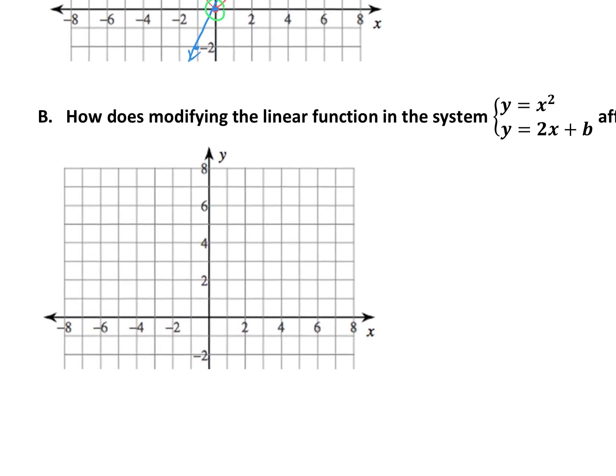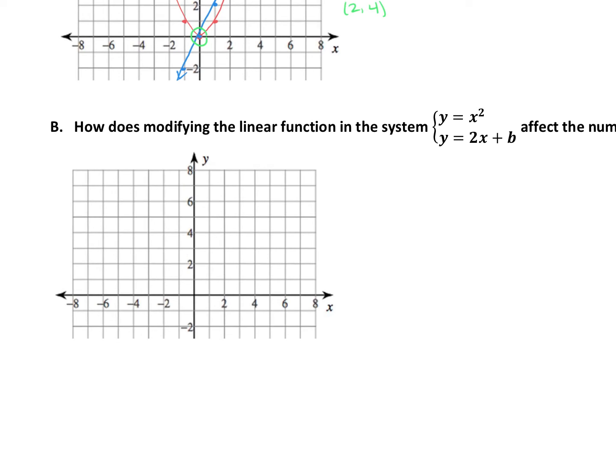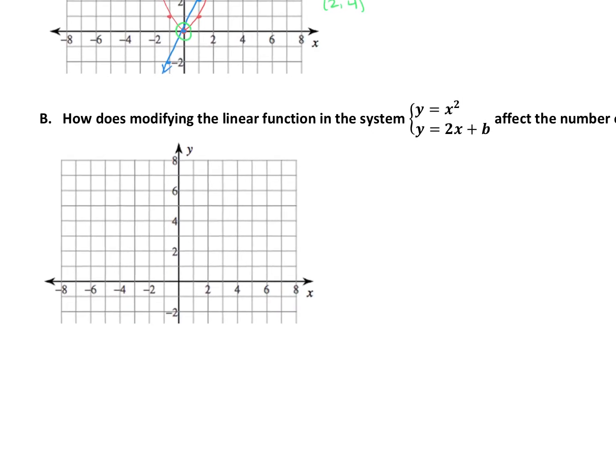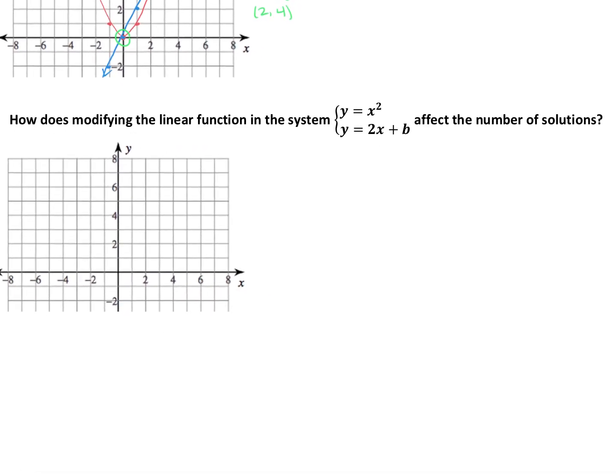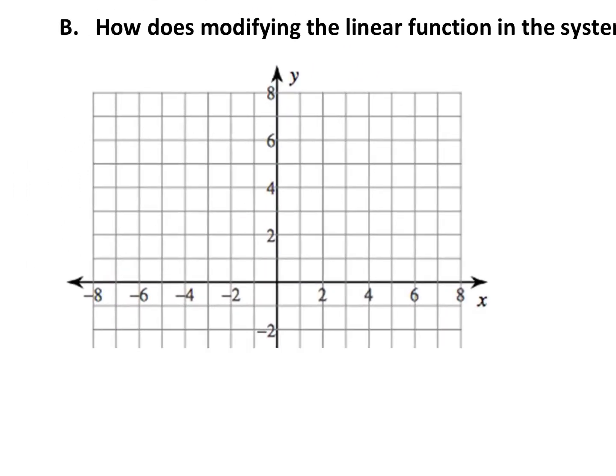Okay, let's try another one. Oh, I guess it's kind of the same one. It says, how does modifying the linear function in this system, so we're adding in a y-intercept, how does that affect the number of solutions? So let's do that graph again real quick. Actually, I'm going to just graph the parabola because then I want to talk about how our linear function could change.